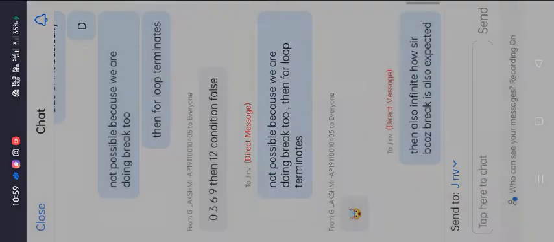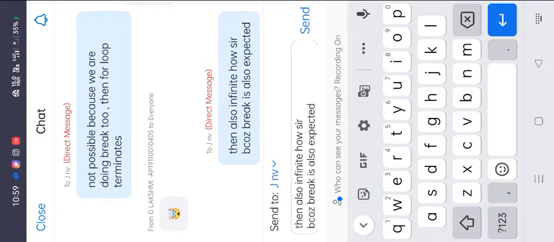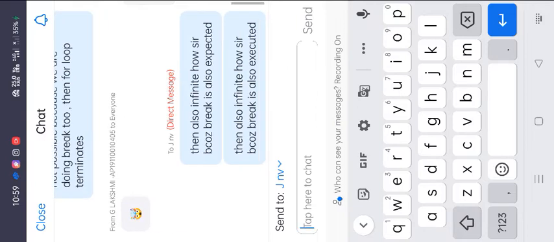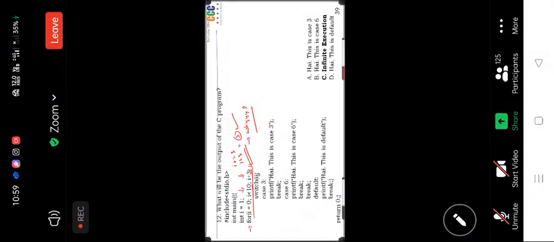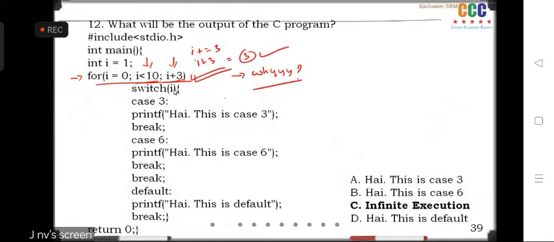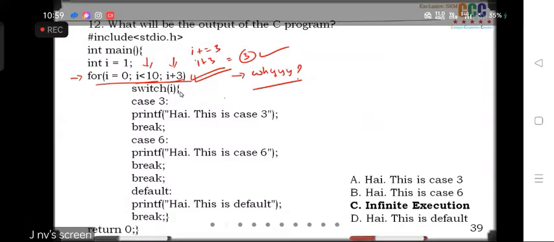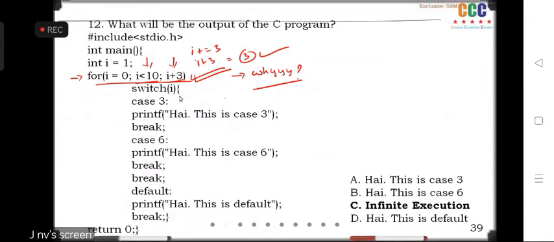That will be a problem. Is there any question from your side for this?